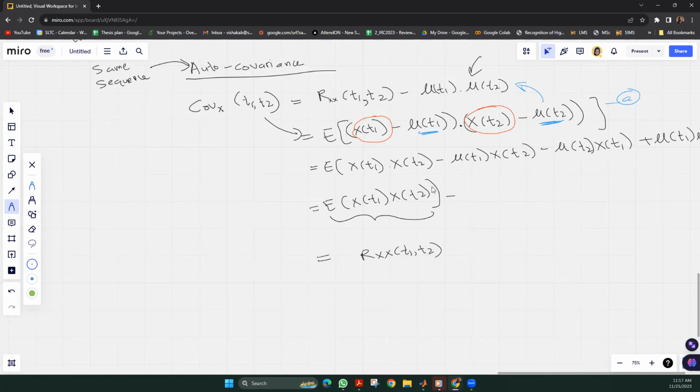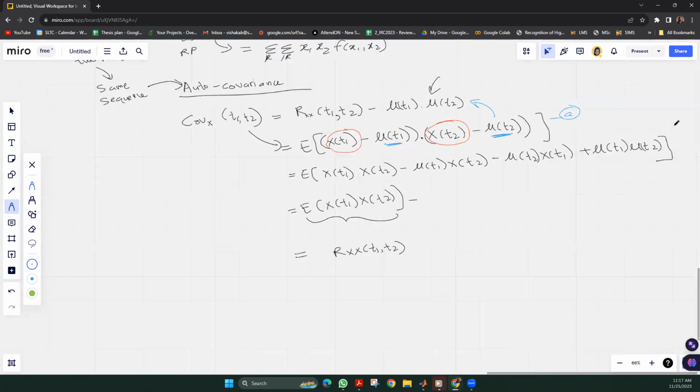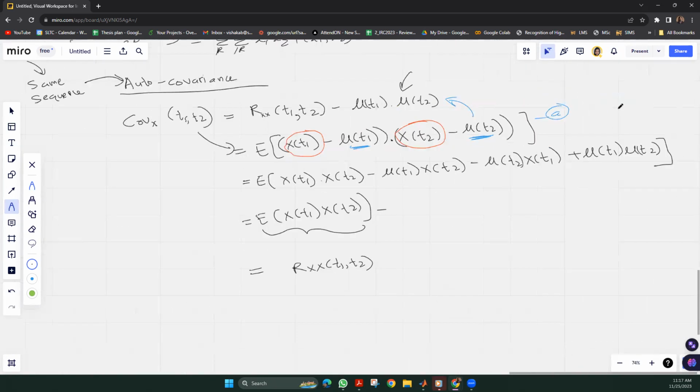Then minus. Then we have the rest of these terms to be processed. Here, mu T1 is a constant, a fixed value which we get as the mean value. Because of that, we take it out. Then we take the expectation of xt2 minus mu t2. We can take it as a constant, and we take the expectation of xt1.